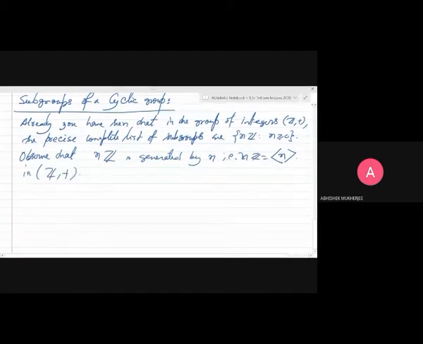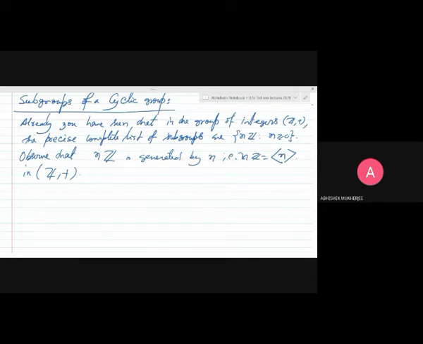So from this one concept is emerging out, that subgroups of a cyclic group may be cyclic because of this example.